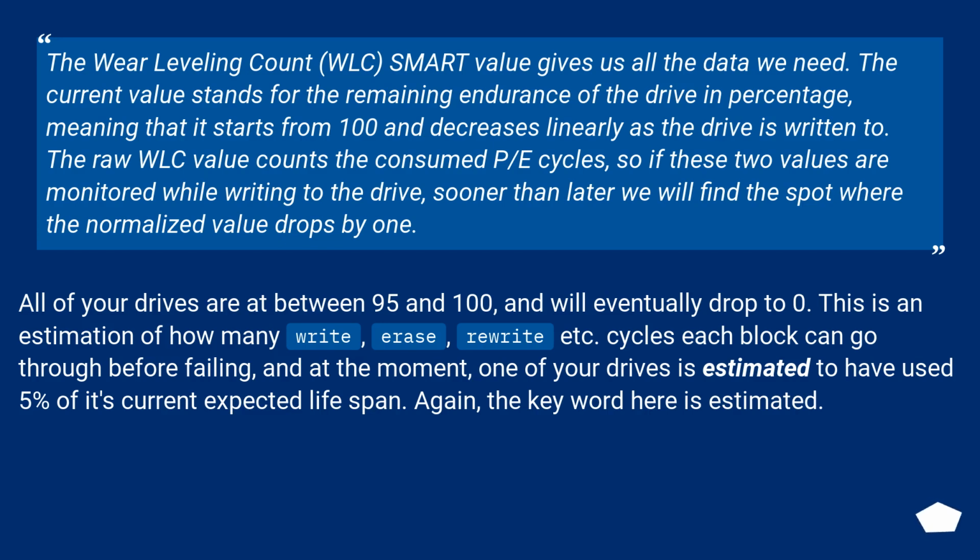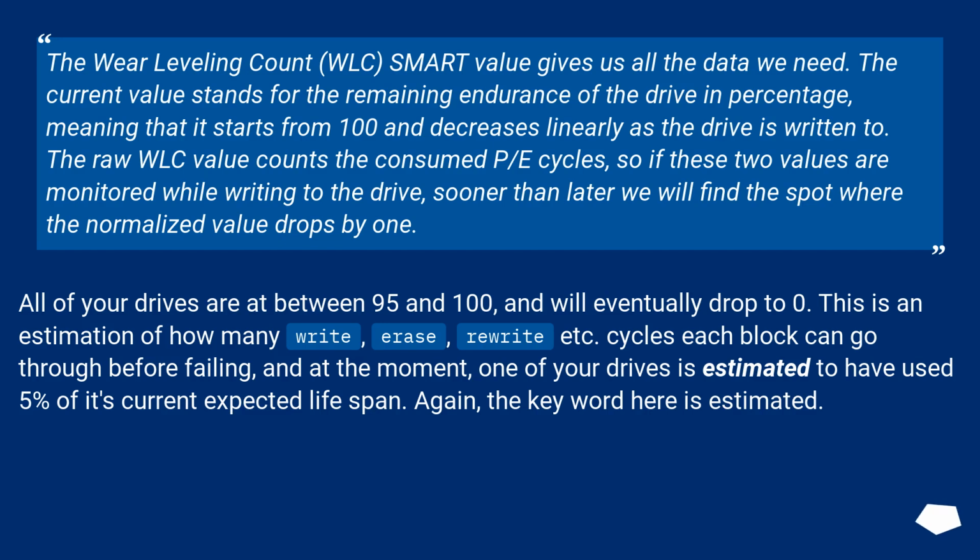The raw WLC value counts the consumed P/E cycles, so if these two values are monitored while writing to the drive, sooner or later we will find the spot where the normalized value drops by 1. All of your drives are at between 95 and 100, and will eventually drop to 0.